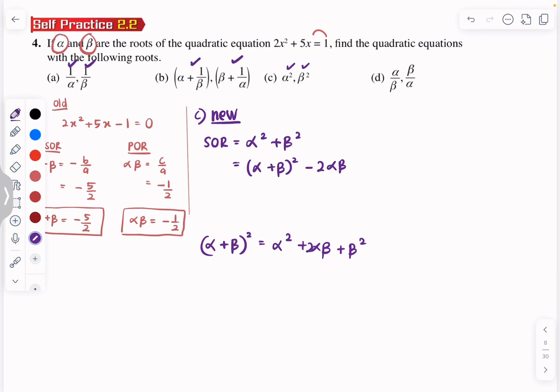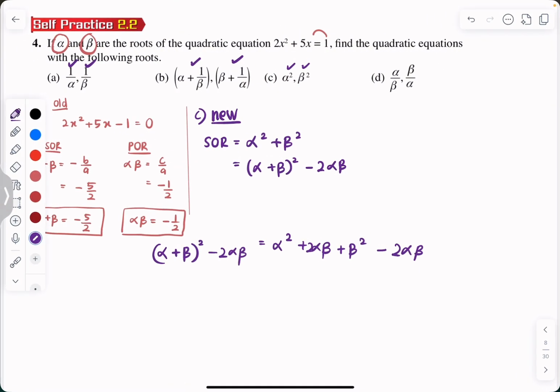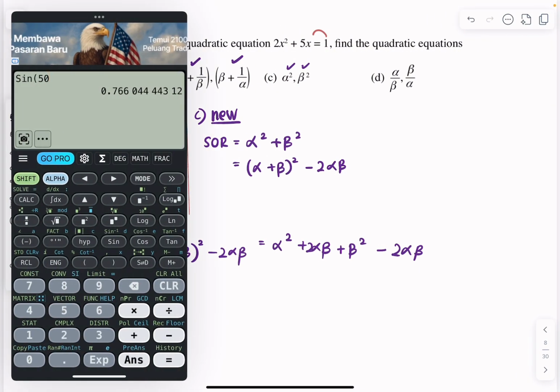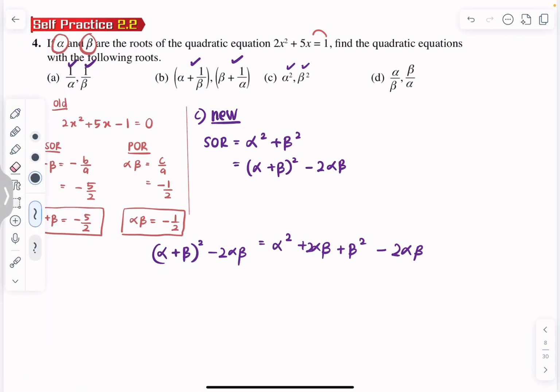But we only want alpha square plus beta square. We only want these two. So we have to minus the 2 alpha beta. So here also we have to minus 2 alpha beta. Both sides we have to do. So when you minus this off, this one and this one will cancel.